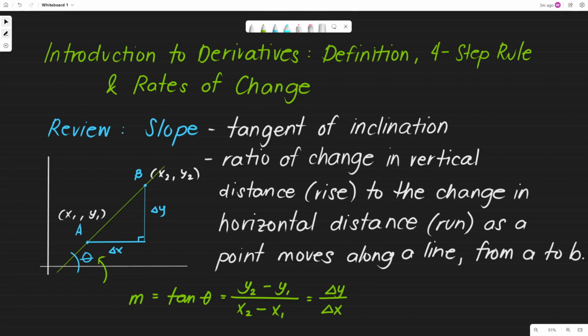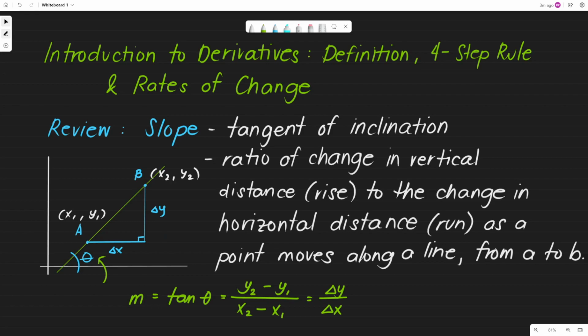So kung mapapansin natin dito sa definition natin, we have here point A, that is x sub 1, y sub 1, yun yung kanyang coordinates. And we have point B, x sub 2, y sub 2. So, we're just going to get the difference. Paano natin makukuha yung difference? So, subtract lang natin yung each coordinate.